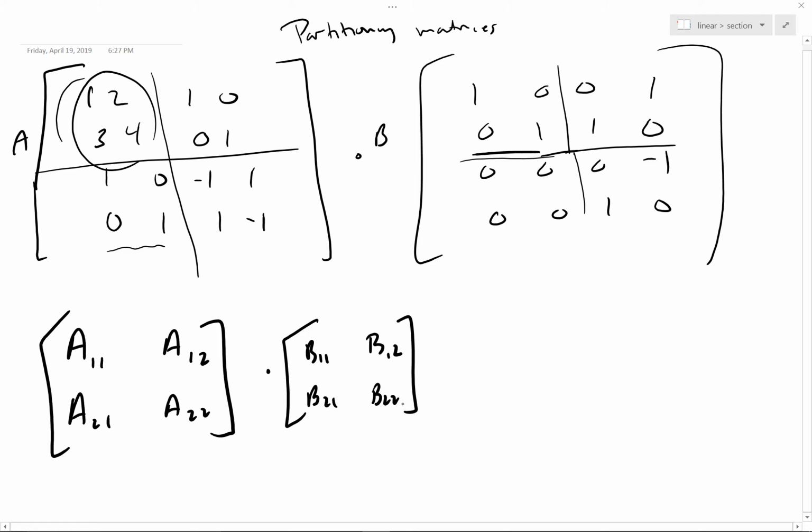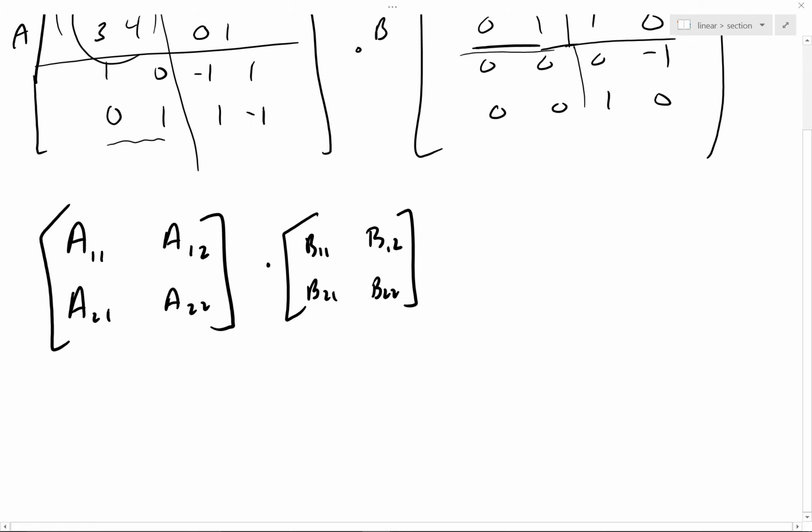And when you multiply them out, you're going to get A11 B11 plus A12 times B21. That goes in the upper corner. That's this times this. And then over here, you're going to have A11 B12 times A12 B22, right?